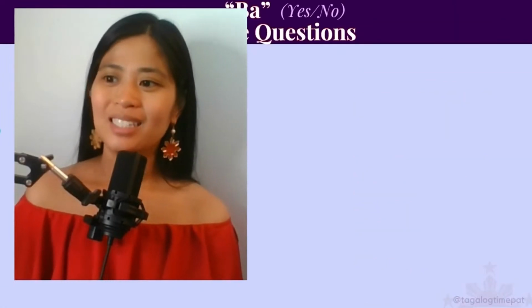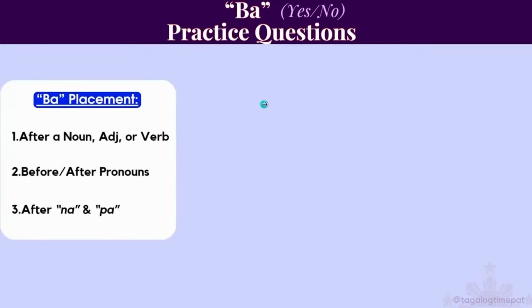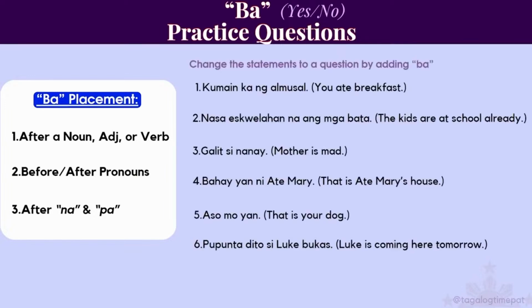Alrighty, last set of practice questions here. Let's practice ba, and here are the placements of ba. Remember, they go after a noun, adjective, or verb. They go before or after some pronouns, and then they go after na and pa if they appear in the question. Let's do the first one. Kumain ka ng almusal. We have to change the statement into a question by adding ba. Kumain is a verb, so it would probably go after that.